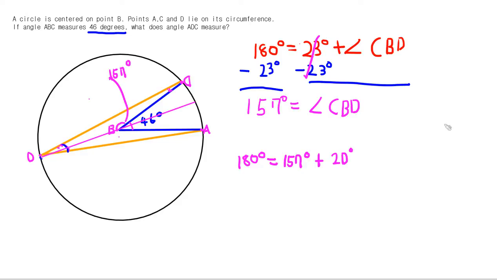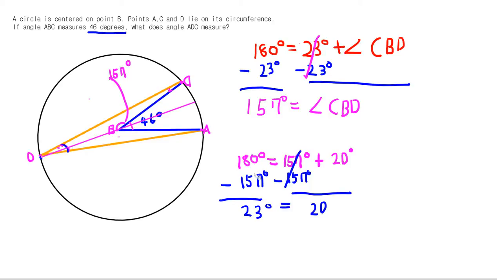And we can subtract 157 from both sides. On the right side, 157 cancels out, and 2D is left. And that should be equal to 180 degrees minus 157 degrees, which is 23 degrees.